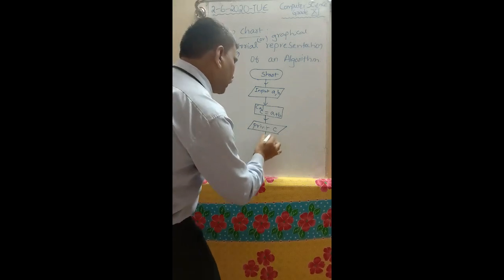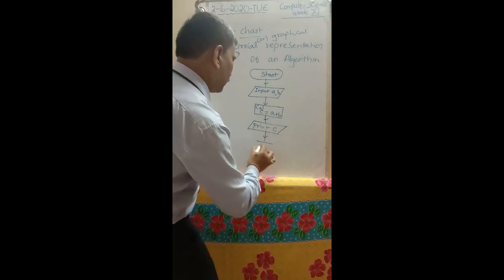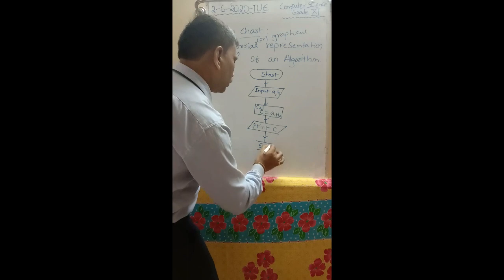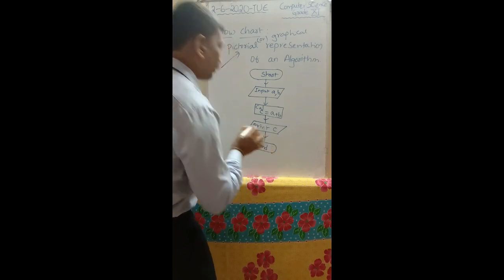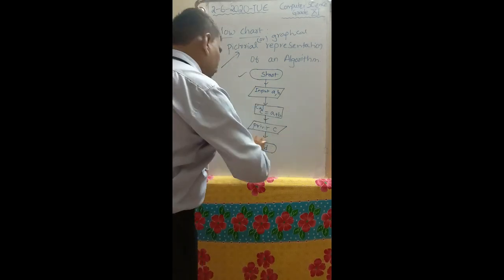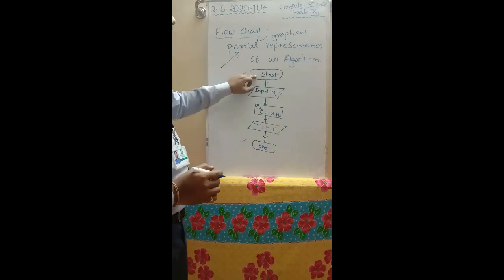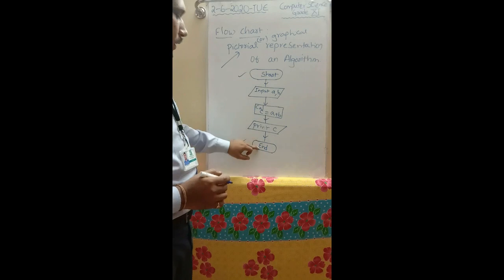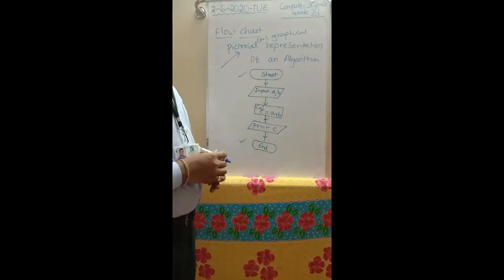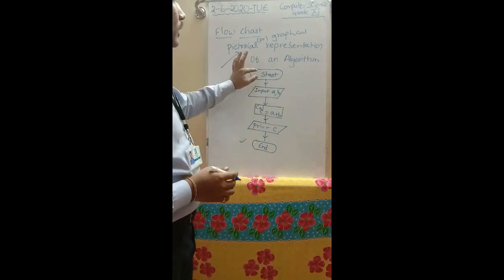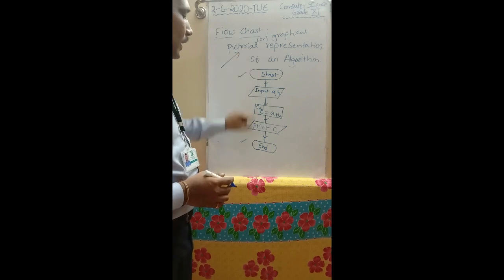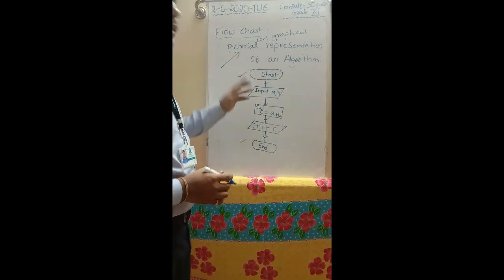Finally, we conclude or end the flowchart. For every flowchart we use this symbol for two purposes, start and end. So this box is called the start or stop, begin or end box.